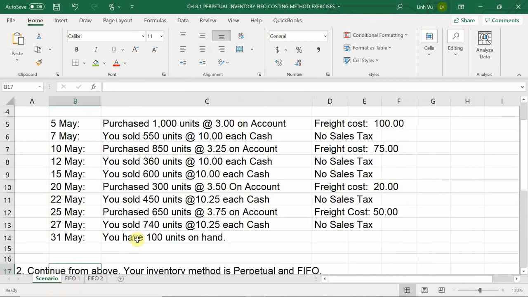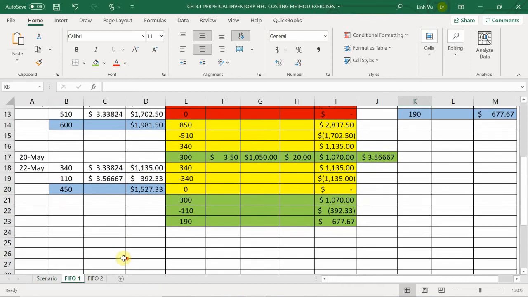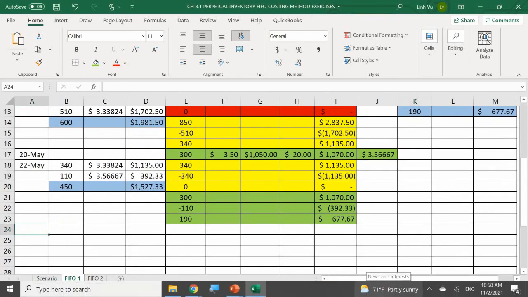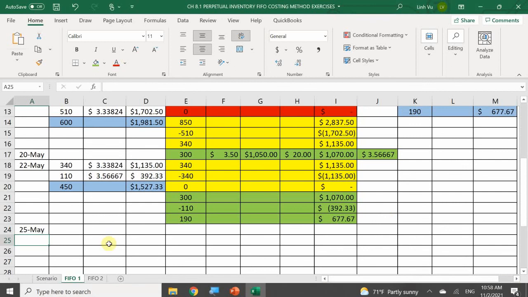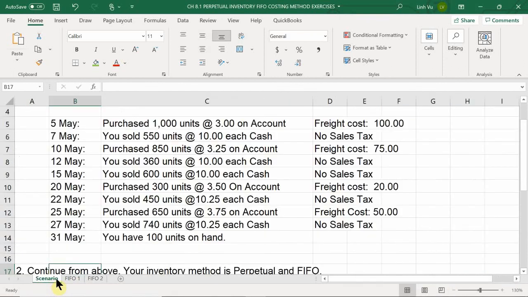You end up purchasing an additional 650 units at $3.75 with the freight costing $50.